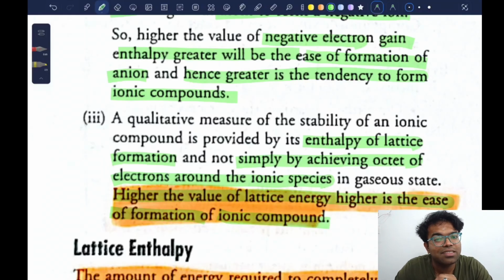But a less stable bridge or a building which does not follow the codes will be easier to break. Similarly, if you require less energy to break the lattice, it means it was not stable to begin with. Am I right? Can you make the connection in your head now?